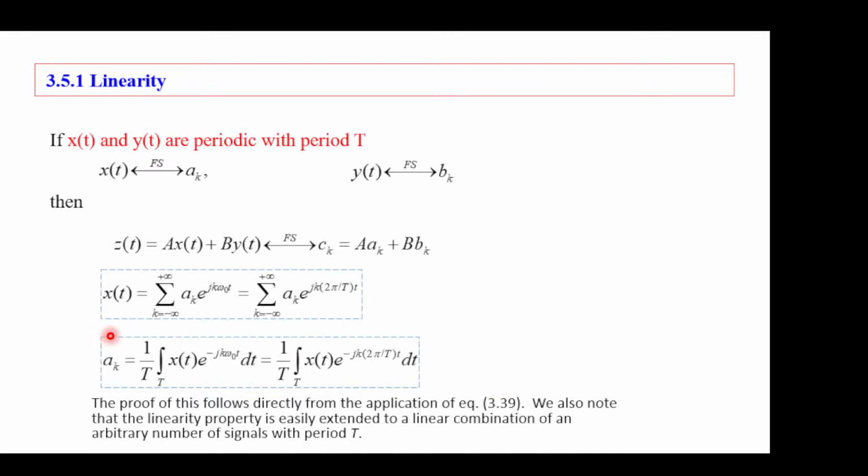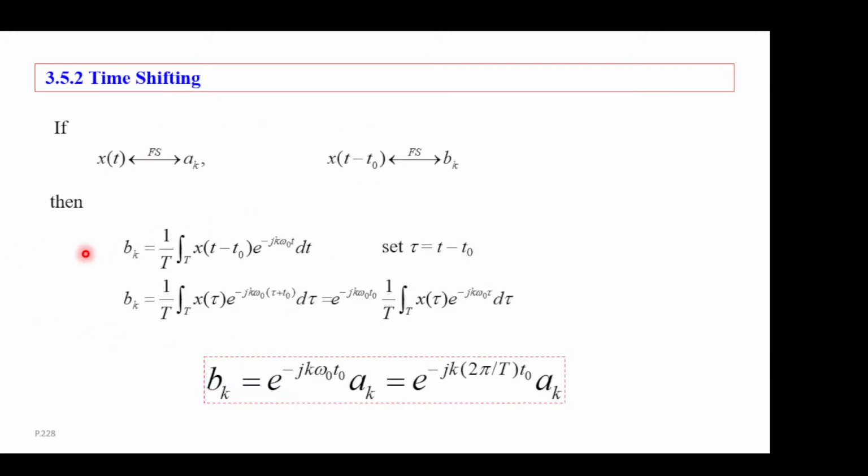And okay, seven minutes. I think I can go through all of them without proof. So, time shift. If we shift our signal in time, once again we start with x. x of t has the coefficients ak. And now we think about what if we have another signal that is a time shift, x of t minus t naught, and what would bk be?